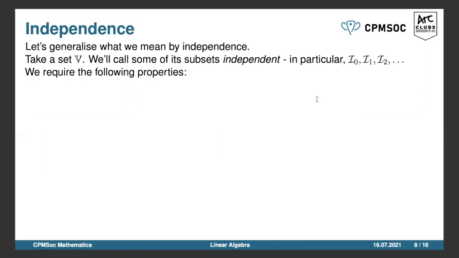So I want to talk a little bit about a generalization of what we mean when we say that a set of vectors is independent. If we take an arbitrary set V, V has a bunch of subsets, and some of these subsets, we're going to call them the independent subsets, and this setup has to satisfy a few different properties.